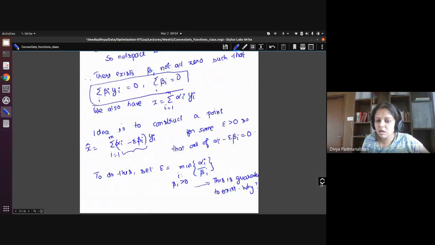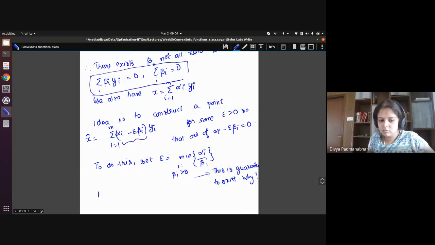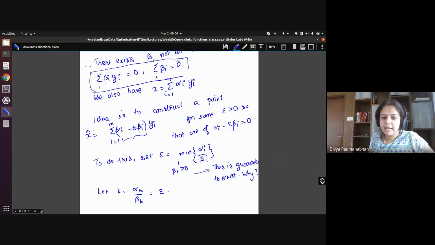So in effect, let there be some k such that alpha k by beta k is the value of epsilon. For that k, alpha k minus epsilon beta k is going to be 0. And so what you have done is you have eliminated one point in some sense.